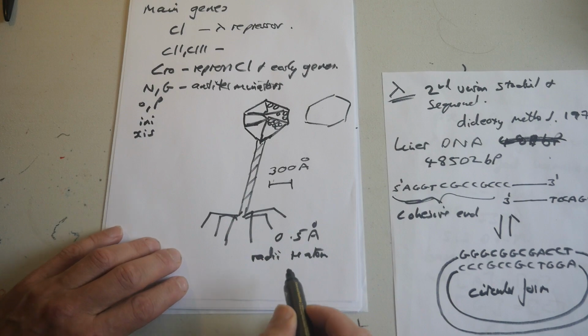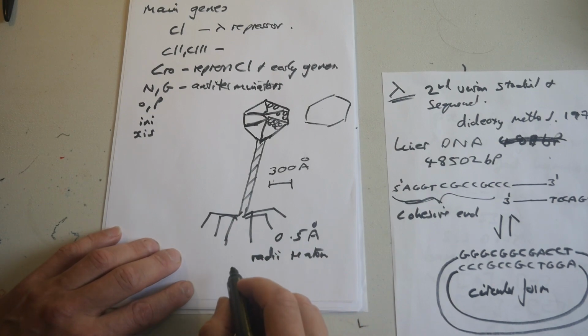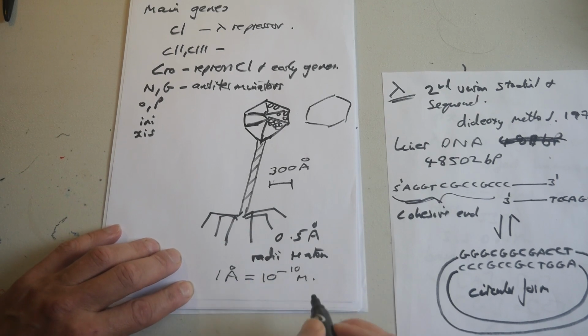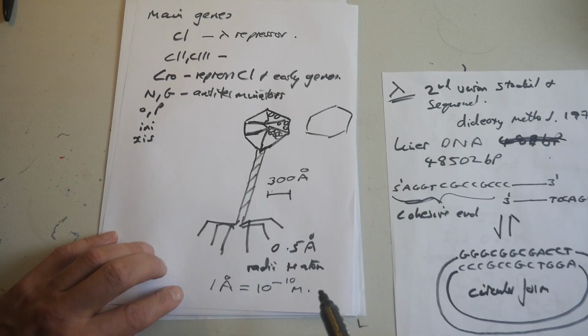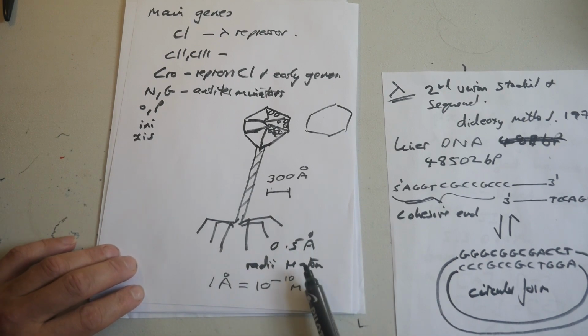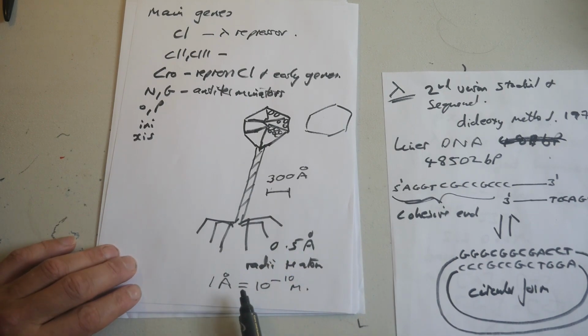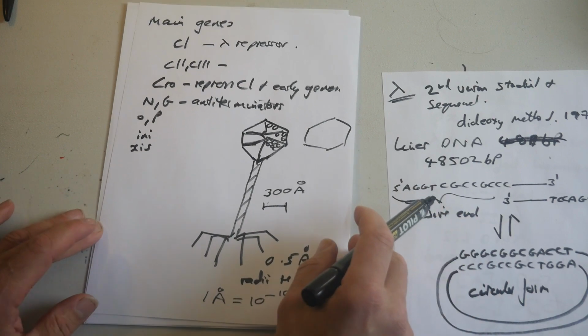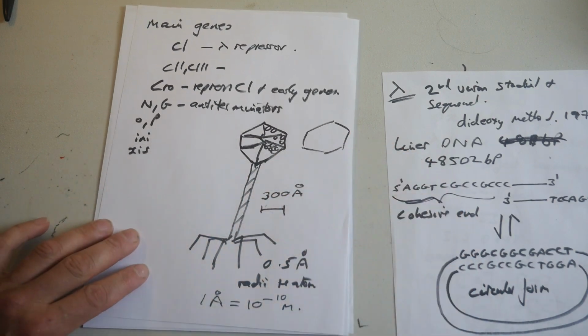An Angstrom is equal to 10 to the minus 10 meters, okay? So this is 300 of them. So they're pretty small. That's a 10 billionth of a meter. So this is half of that. So that gives you roughly an idea of dimensions and what the thing looks like.